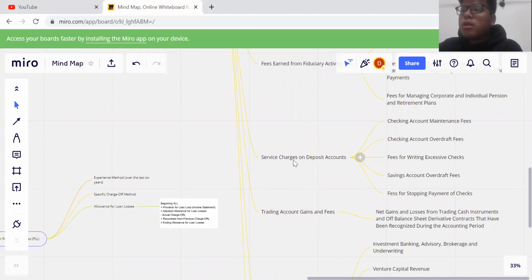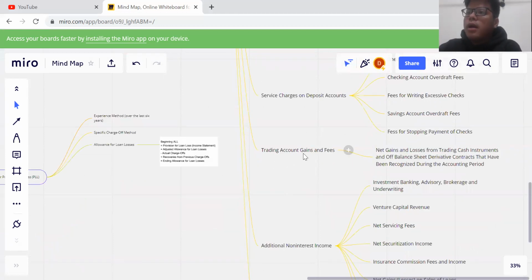In the service charges on deposit accounts, we have checking account maintenance fees, checking account overdraft fees, fees for writing excessive checks, savings account overdraft fees, and fees for stopping payment of checks. And in trading account gains and fees, we have net gains and losses from trading cash instruments and off-balance sheet derivative contracts that have been recognized during the accounting period.